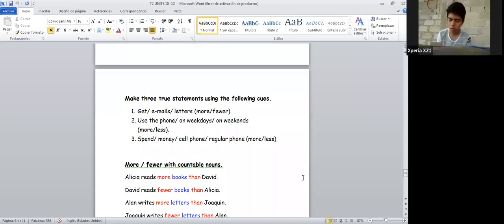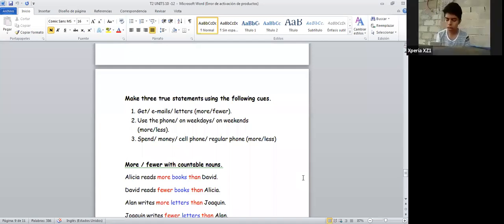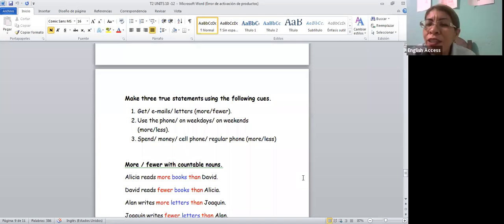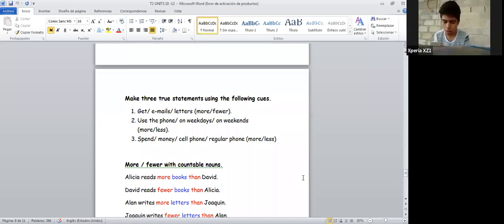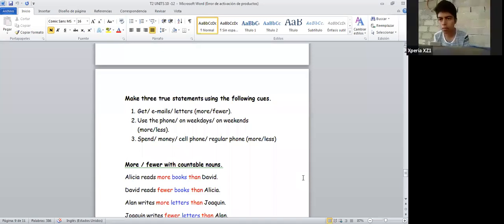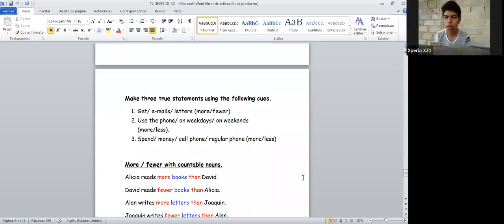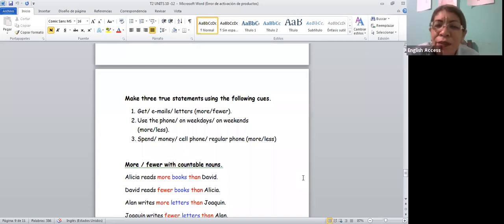I use phone on weekday, less than weekend. No, I use the phone, and after phone, you need to use more or less. I use phone less on weekdays than on weekends. Than on weekends. Yes.